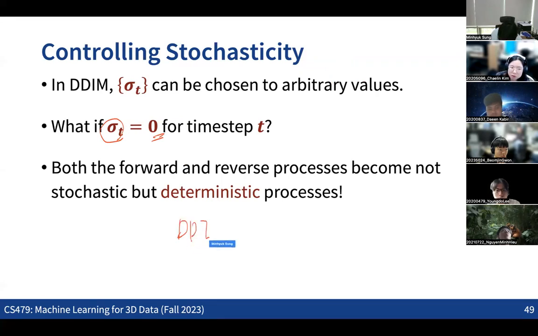Then you're going to see why we need to care about having a deterministic process when you want to boost up the generation process. We're going to see the link of why we are having the deterministic process and how it can affect the speed of the generation. And then we're going to also see some more techniques that can improve the diffusion processes.